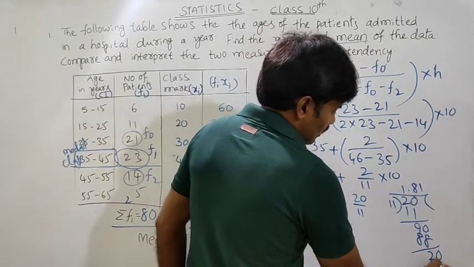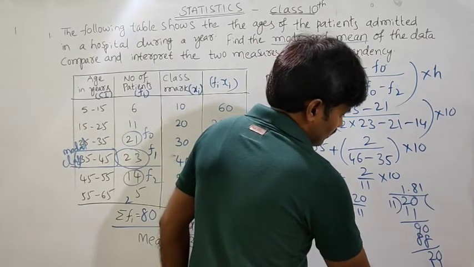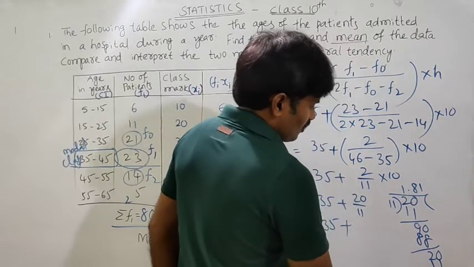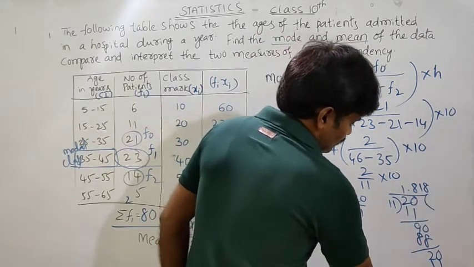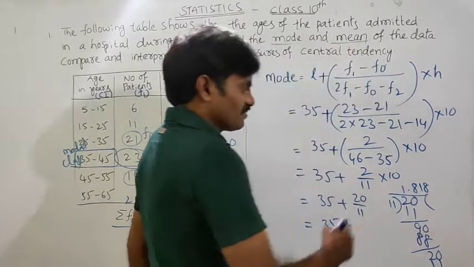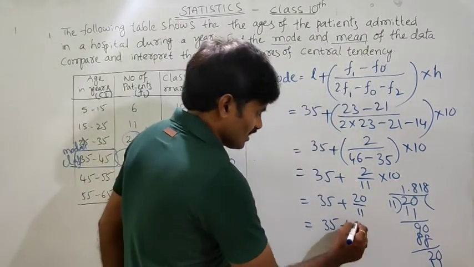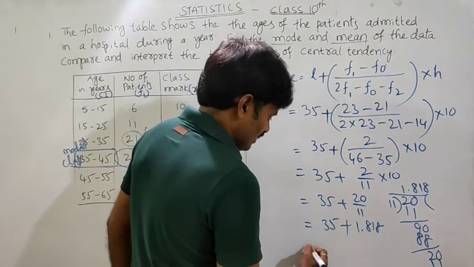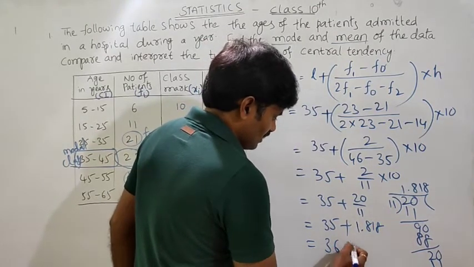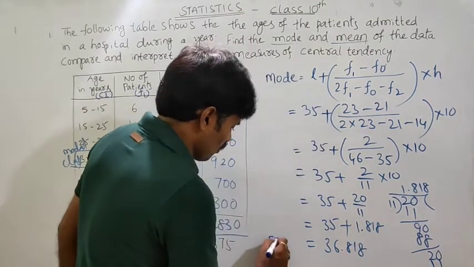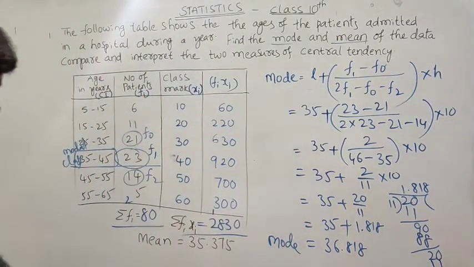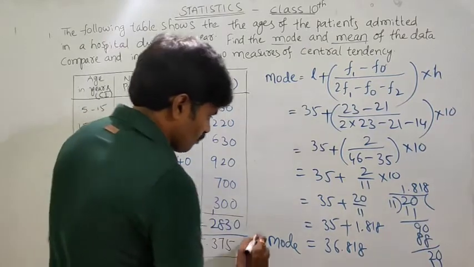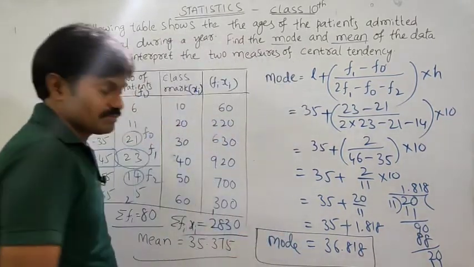Again 11 ones are 11, again 9, keep 0. 11 8s are 88, so again the difference is 2. So repeating 1.818. That is equal to 36.818. This is the mode. We got mean 35.375. Mode we got 36.818.